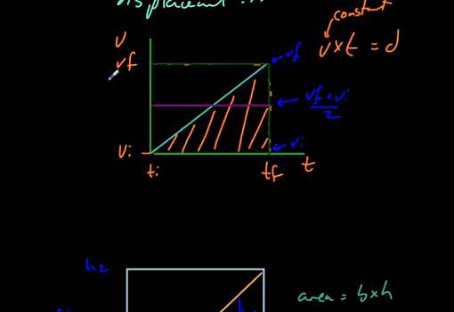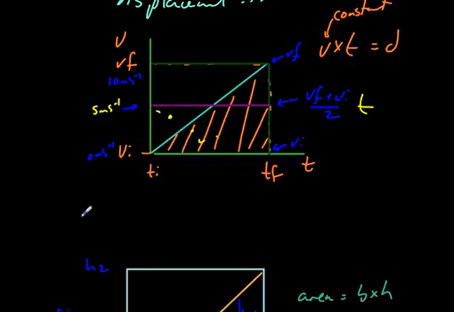What if this was 10 meters per second and this was 0 meters per second? Halfway between them, 10 plus 0 divided by 2 should be 5 meters per second. So if I take VF plus VI divided by 2, I get that. If I want the area under here, I have to multiply it by time.